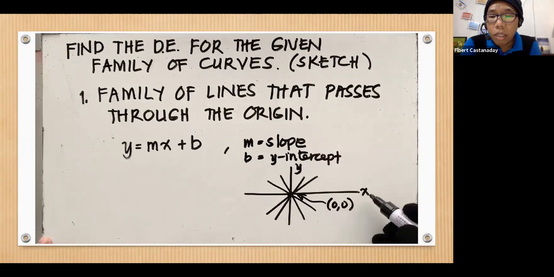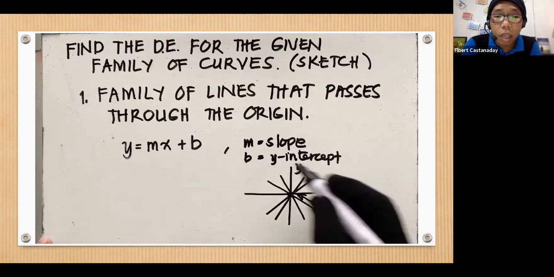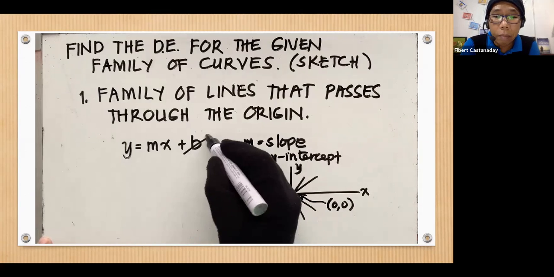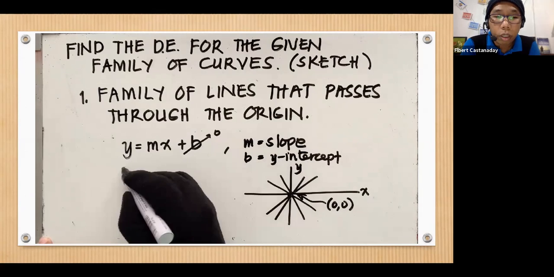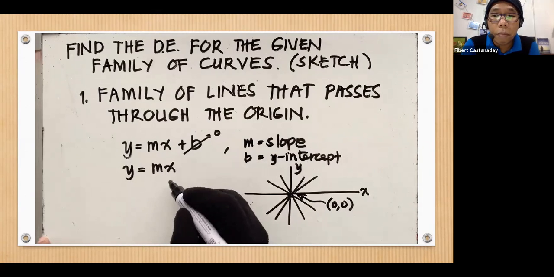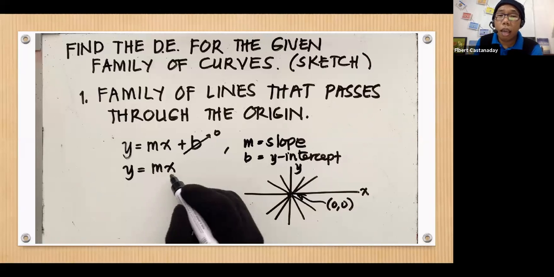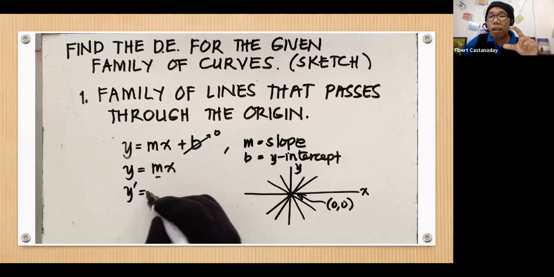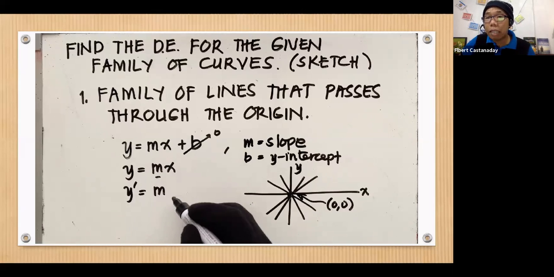Okay, so kapag i-substitute mo yung value na 0, 0 dun sa ating equation, you will notice that the y-intercept is equal to 0. Therefore, our equation now is y equal to m times x. M is the slope. Okay, so yung parameter natin dito is m or yung slope. Ibig sabihin, bawat value ng slope represents one line that passes through the origin. Nakuha? Nasundan nyo?